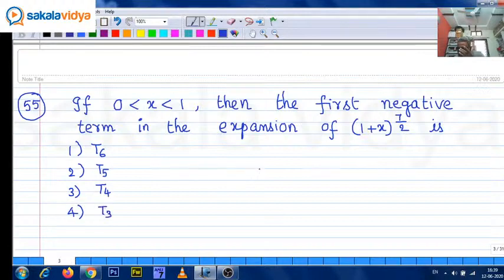That means in that expansion, we need to find which term is the first negative term.